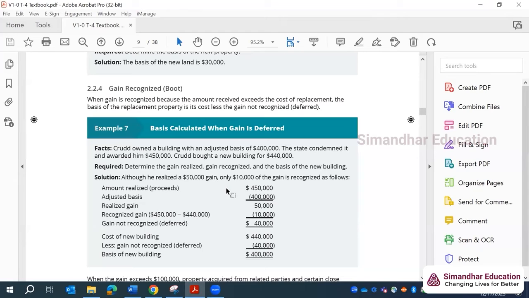What did I mention about losses under involuntary conversion? I said that you do not defer the losses. You recognize the losses immediately and the transaction is done. So in this case, we will recognize a loss of $100,000. And if CRUD is purchasing a new building for $440,000, what is going to be the basis in the new building?